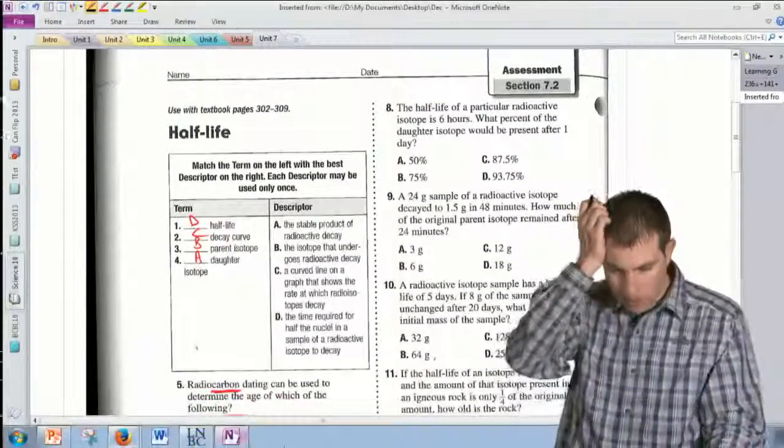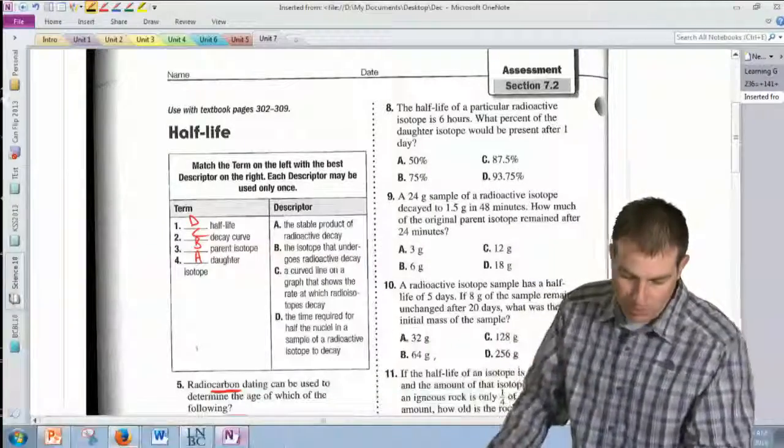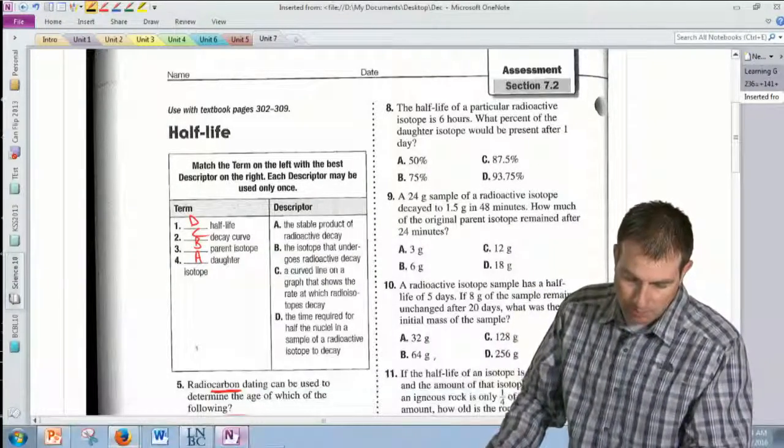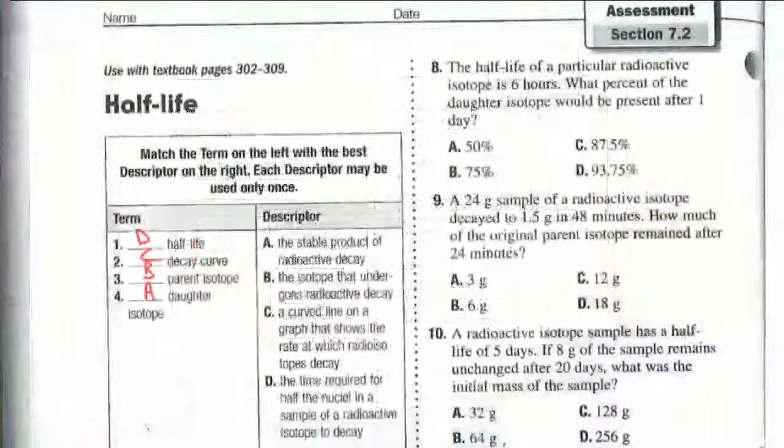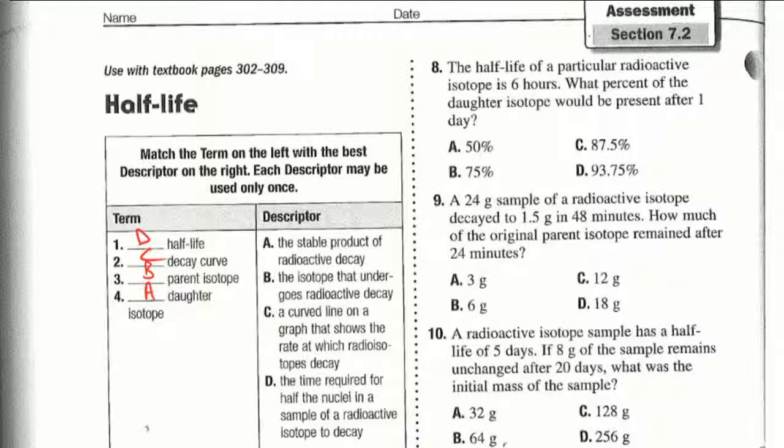That's good. So number 8, the half-life of a particular radioactive isotope is 6 hours. This is a really tricky question because you're asked to find out how much daughter isotope is remaining. So if you started with your little chart, half-life, you have parent and daughter.